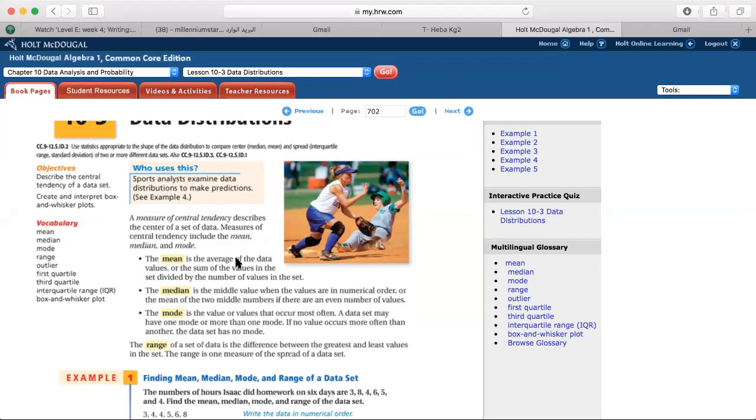The mean is the average of the values, or the sum of the values in the set divided by the number of values in the set.